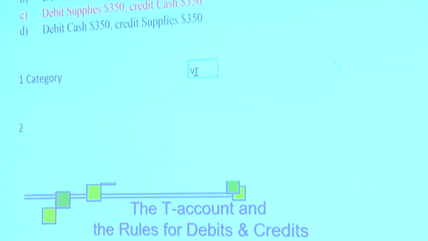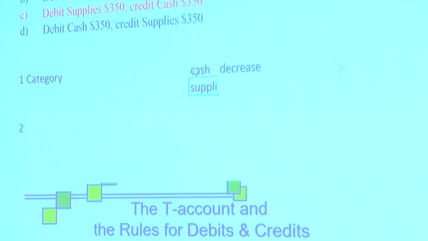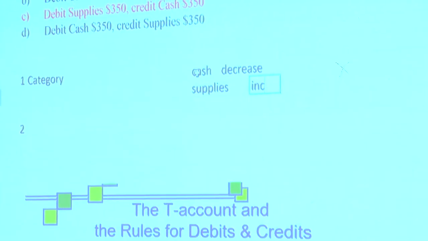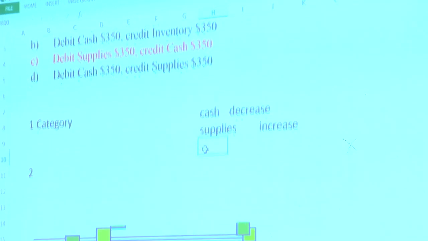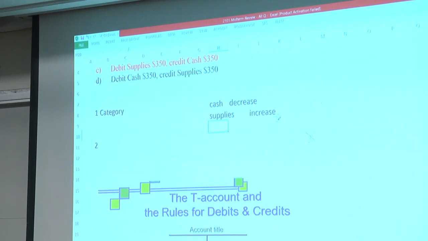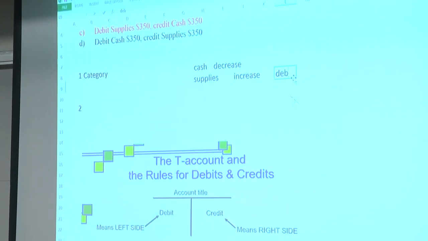So cash decreases because we are paying for it with cash, and supplies increase. Since it's an increase, we use debit. That's why we debit supplies, debit because it's on the left side, and credit because it's on the right side of the T account.